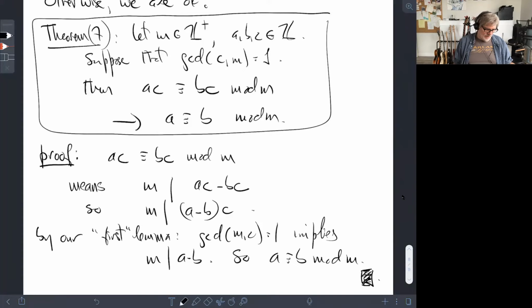And so in particular, if M is prime, then all the numbers in Zm except 0 will be cancelable, which makes Zm, when M is prime, a very nice structure, even nicer than Z. It's actually more like the rationals or the reals. It's a field. So the non-zero elements are invertible. They have an inverse.